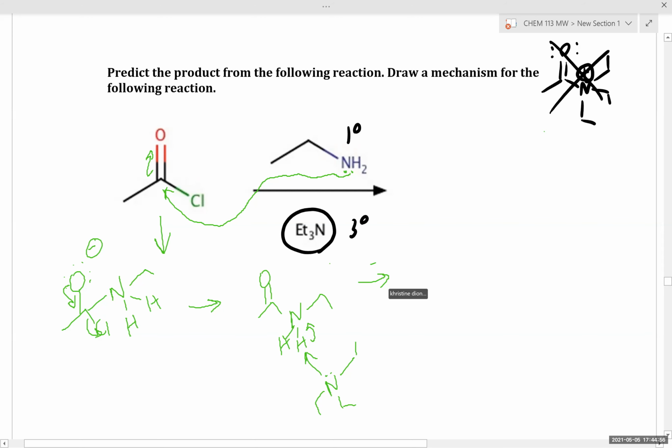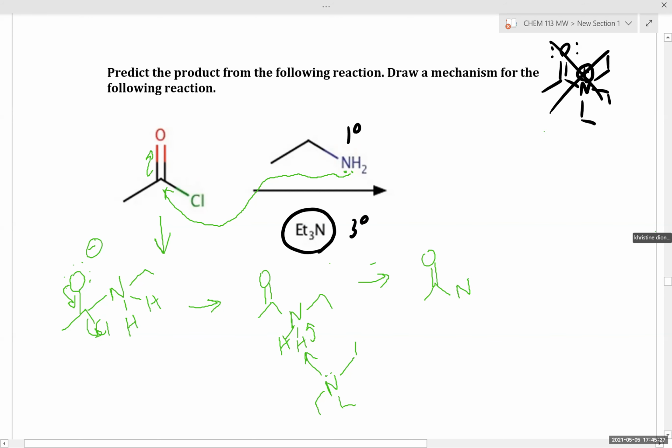Yep, and this student proposed mechanism looks completely reasonable. The triethylamine is not incorporated in the product. It just pulls off a proton.